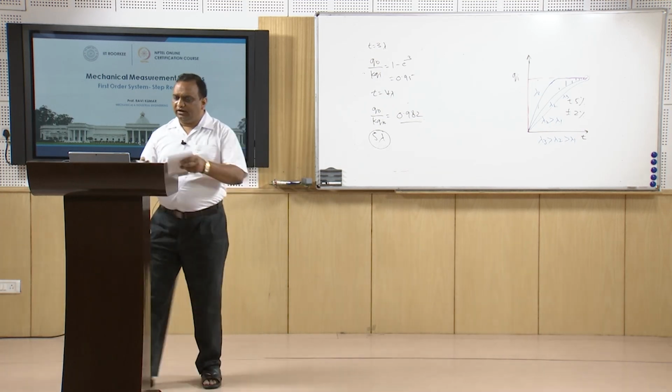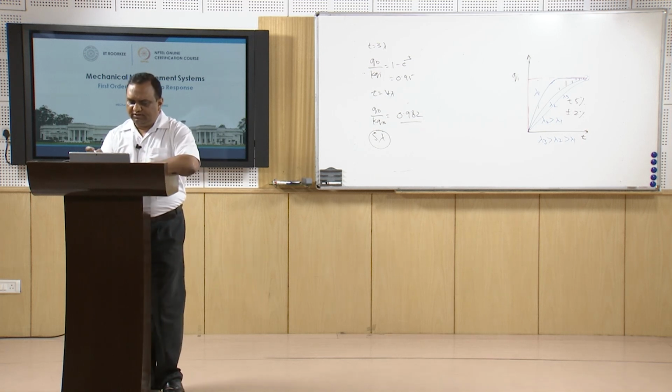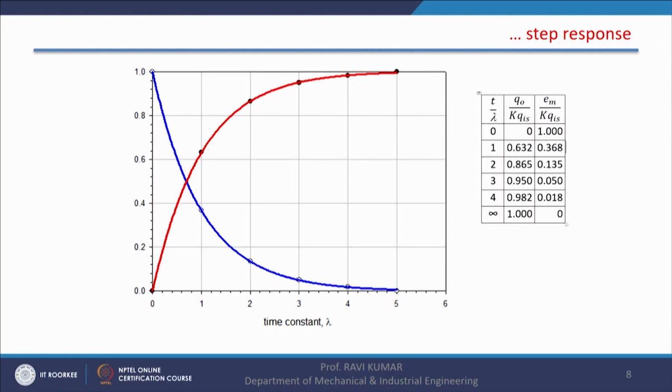I have shown here on the screen two figures. The red one is for different values of t by lambda versus Qo upon K Qis. As you can see, the value is increasing for different values of time constant, starting from 1, 2, 3, 4 and 5. At 5, you can see it is almost 1.